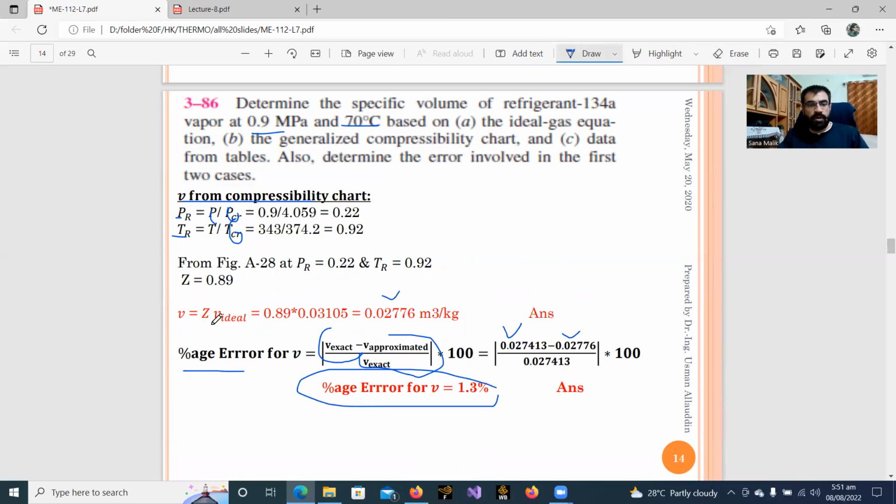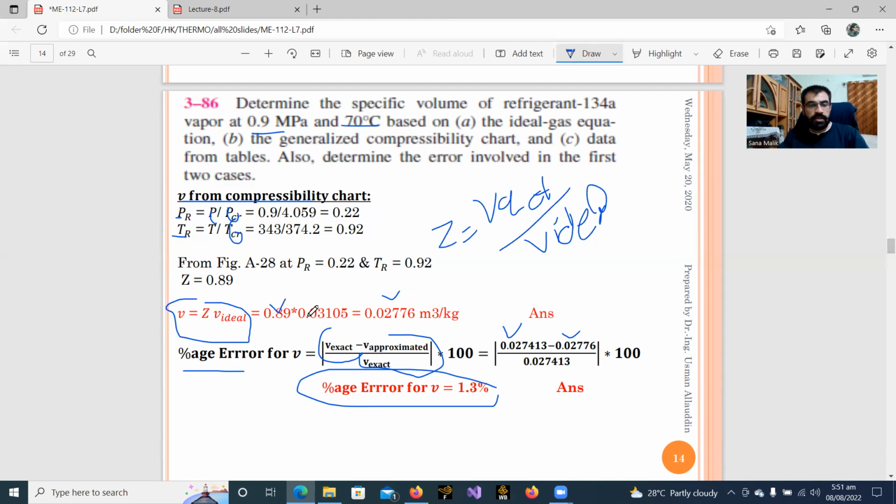We have to know how they have been used. So Z is equal to V actual over V ideal, as we discussed earlier. We can take this V ideal over here, so this relation comes out.